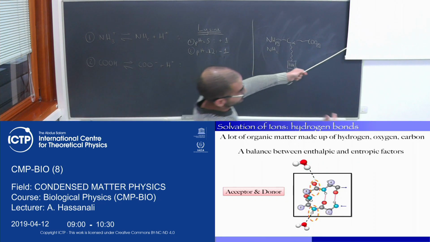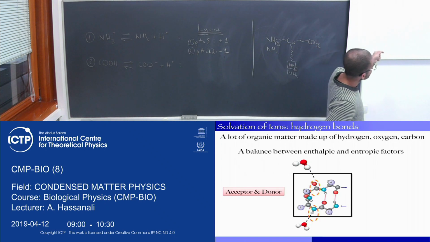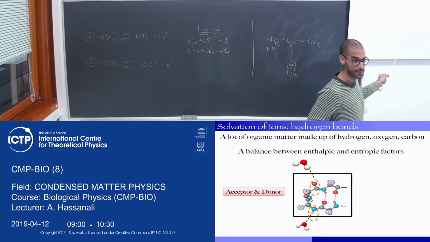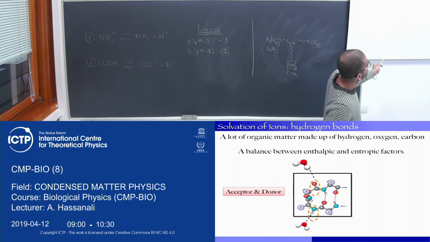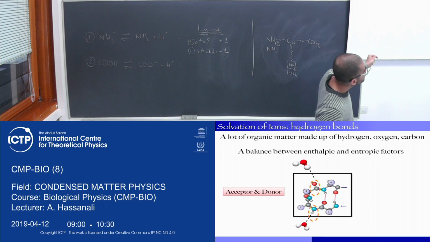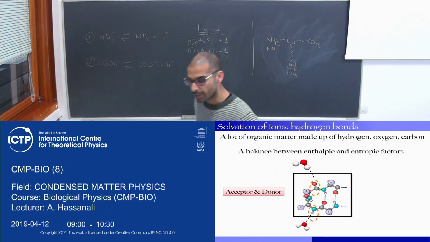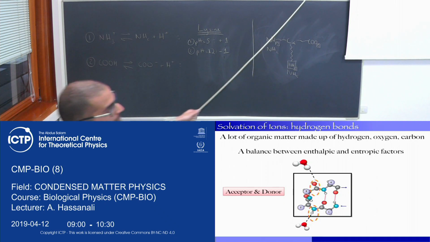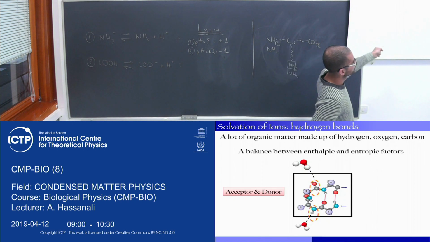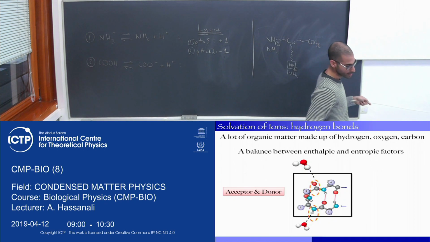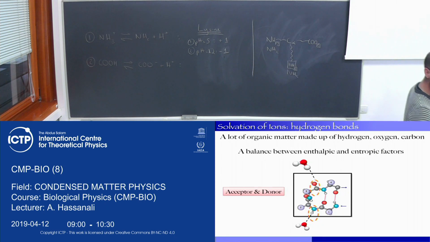A lot of biological matter that we've been discussing is built up of nitrogen, hydrogen, and oxygen, which are made up of hydrogen bonds, electrostatic type interactions, dipole-dipole interactions. The same stuff is facilitated by water. Water can form stabilizing dipole-dipole interactions with the peptide backbone. Okay? This is not true for all liquids.